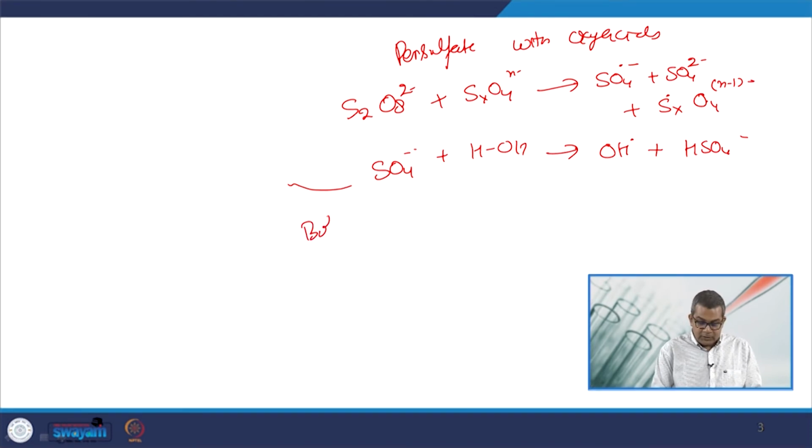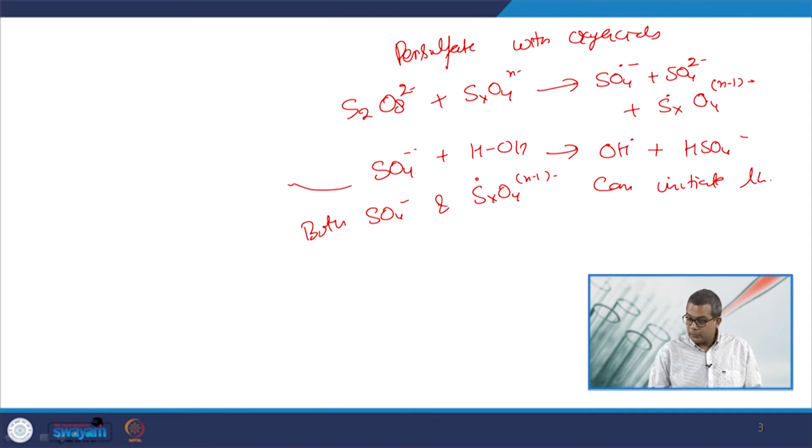Now, both this SO4 negatively charged and SXO4 n-1 negatively charged radical can initiate the polymerization. So, this is the way through which you can represent it.